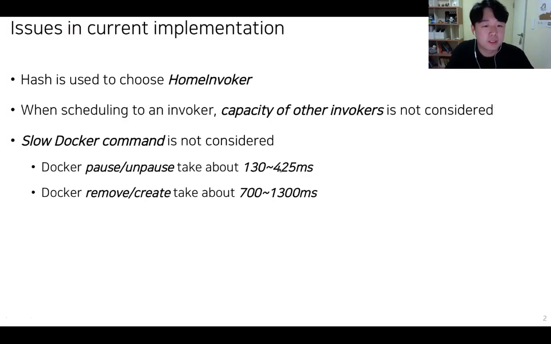And generally, Docker command is very slow in comparison with normal activation, but it is also not considered for the scheduling. Normally, Docker pause and unpause take about 130 to 400 milliseconds, and Docker remove and create take about 700 to 1,300 milliseconds.